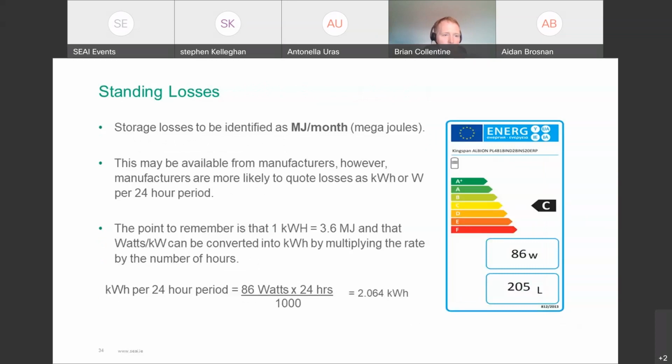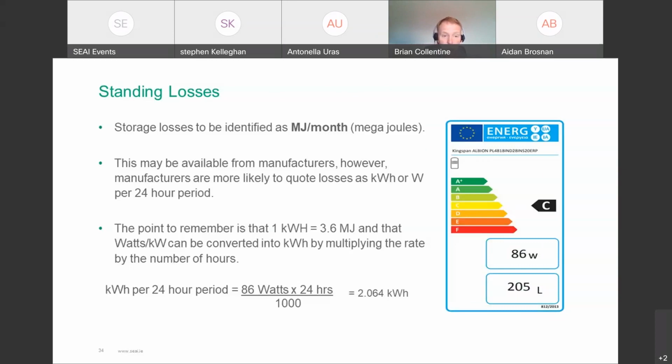As I said earlier, standalone storage losses are ideally identified as megajoules per month. This may be available from manufacturers. However, manufacturers are more likely to quote the losses as kilowatt hours or watts per 24-hour period. So here on the right-hand side, as you can see, we have 86 watts, and that's the loss per 24-hour period.